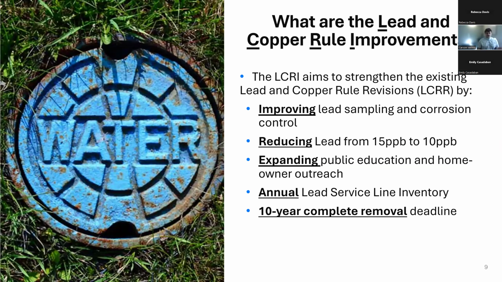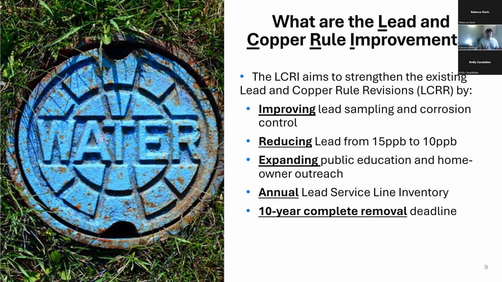So what exactly is the Lead and Copper Rule Improvements? Its aim is to strengthen the existing Lead and Copper Rule Revisions by improving lead sampling and corrosion control for these water systems, reducing the maximum value of lead in drinking water from 15 parts per billion to 10 parts per billion, so a 33% reduction in the maximum threshold for lead found within a water's drinking supply. It also aims to expand public outreach and homeowner outreach.